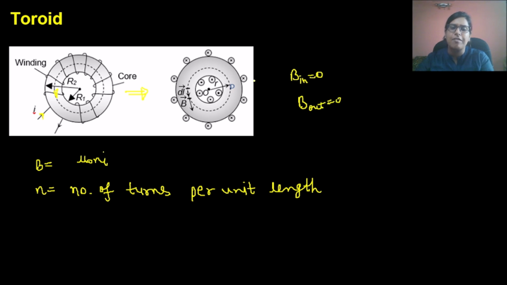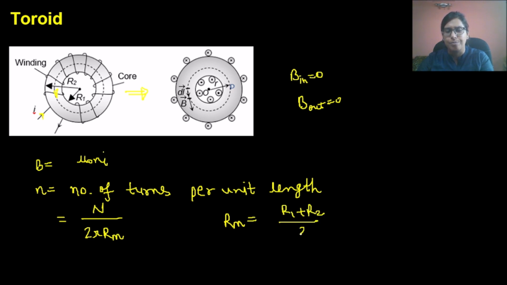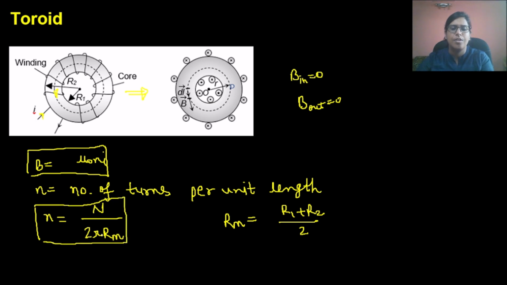So magnetic field will be here only inside R1 R2. So here the magnetic field will be mu naught Ni and n will be number of turns per unit length, and this will be number of turns upon 2 pi Rm. This Rm is the average radius. This will be (R1 plus R2) by 2. So remember this formula, and this one also.